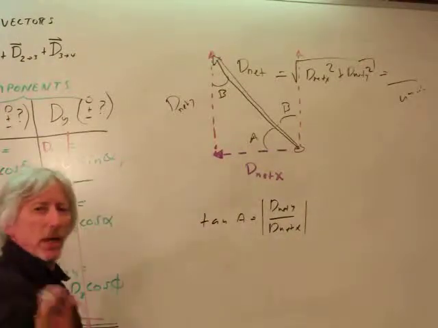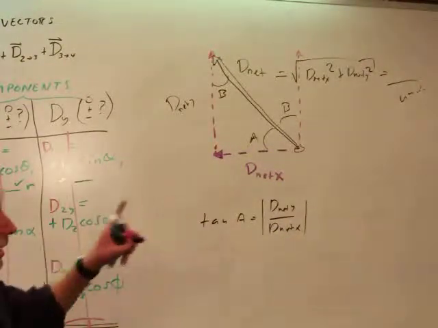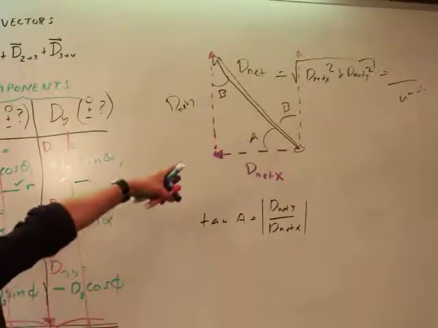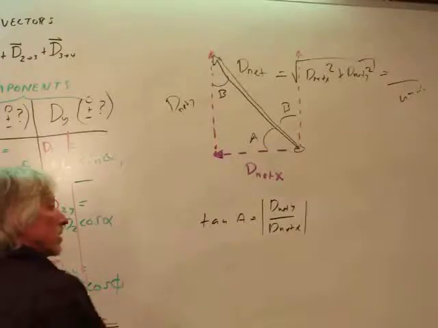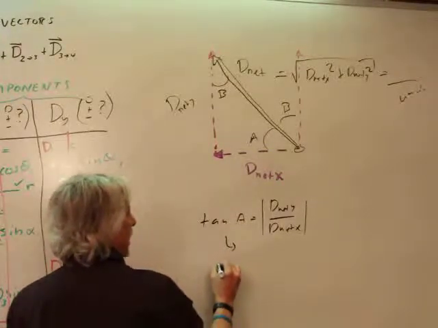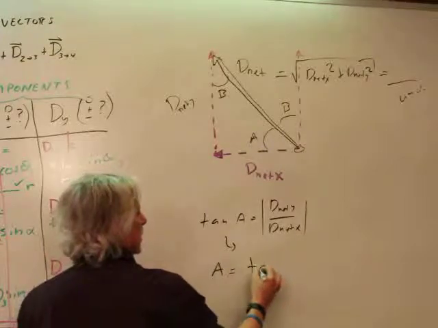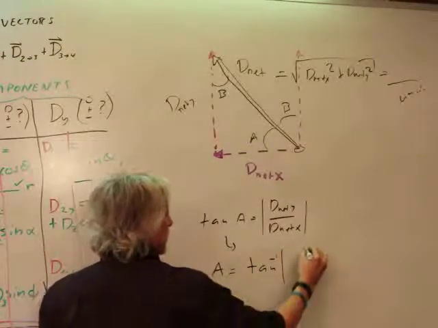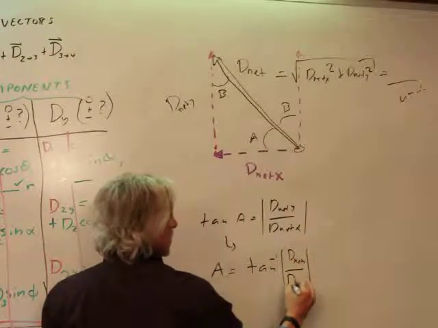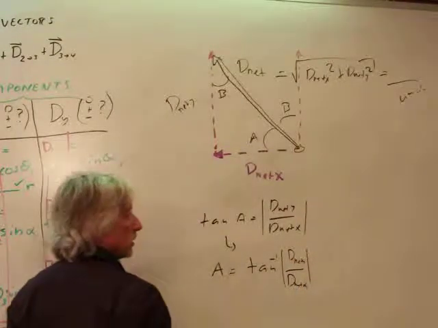Again, I would use absolute values, and then I'll get a number less than 90 degrees, and I can show which way. So what does that give me? Of course, that gives me that A, the angle, is the inverse tangent of the y component, d net y, over d net x.